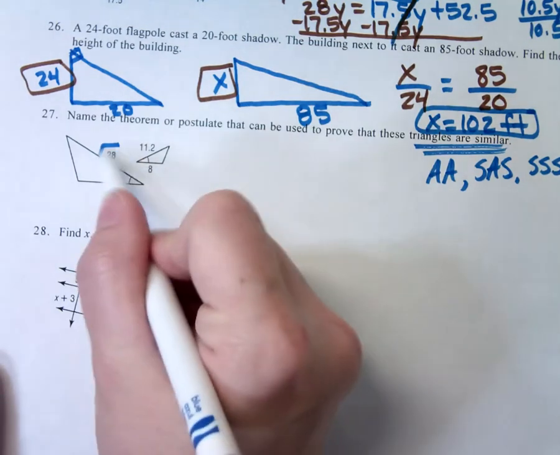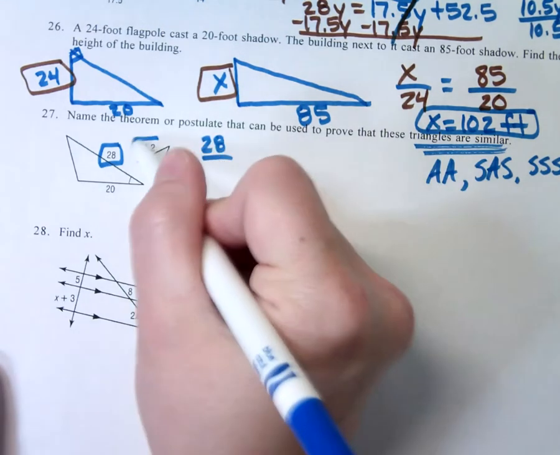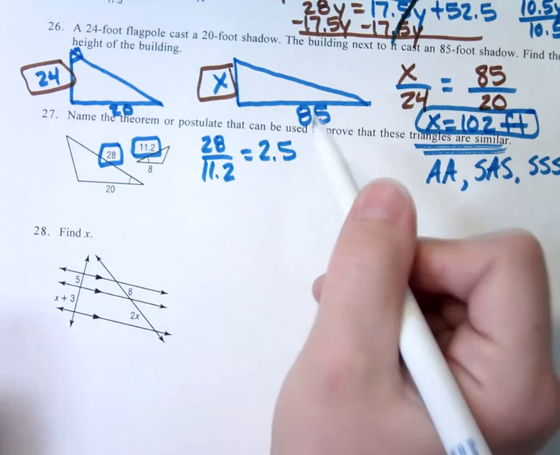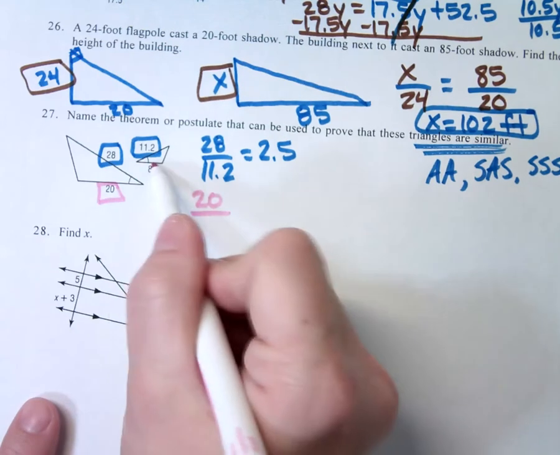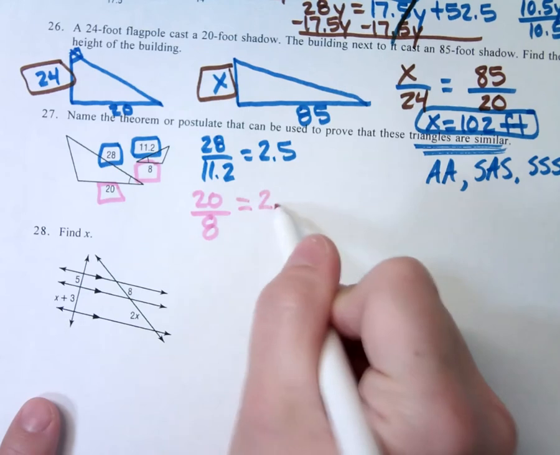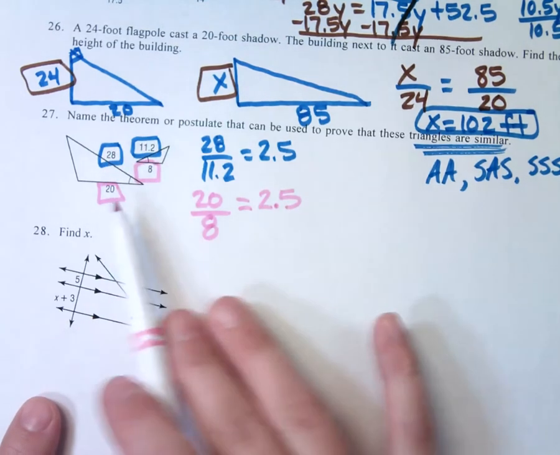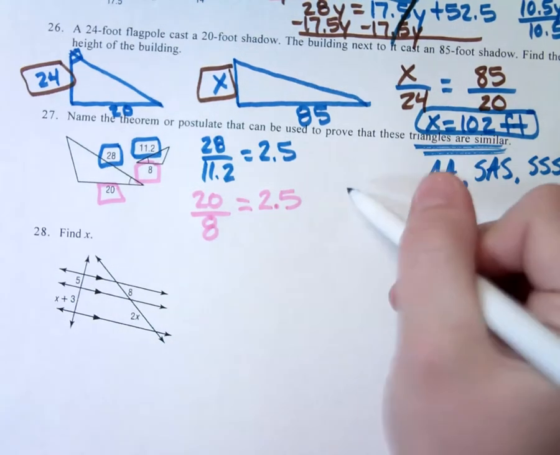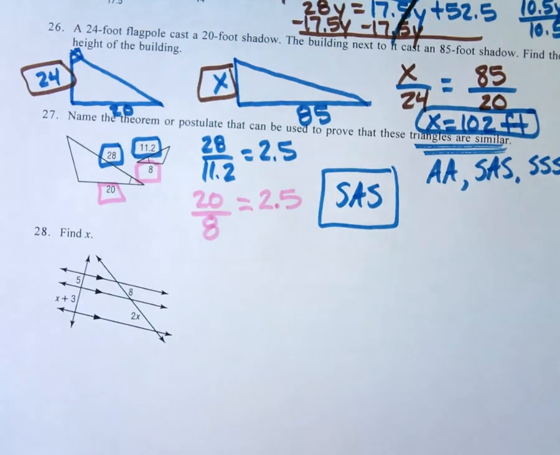I'm going to compare this 28 to 11.2, and I get 2.5. Then I compare my 20 to the 8, and I also get 2.5. Since these sides give me the same similarity ratio, and I know these two angles are congruent, this would be side-angle-side similarity.